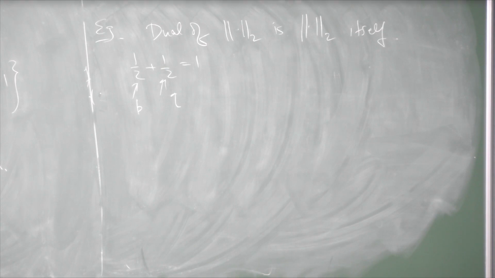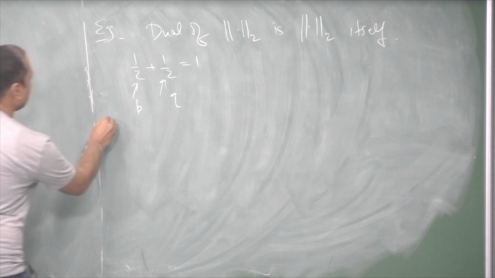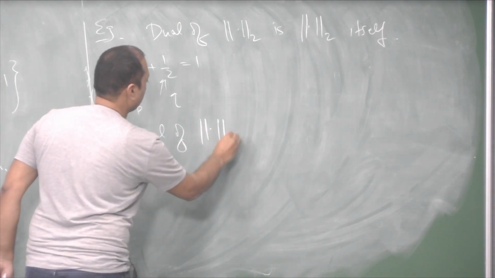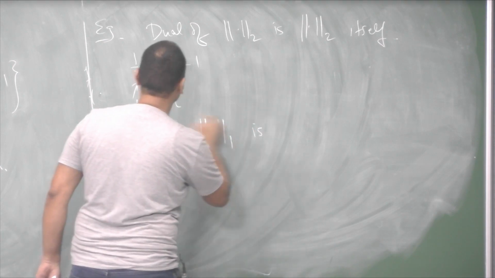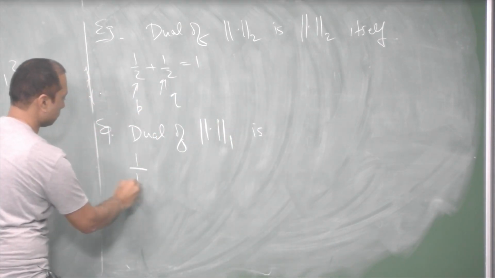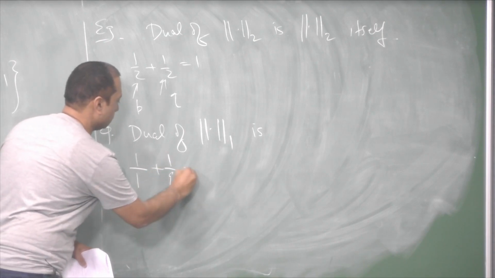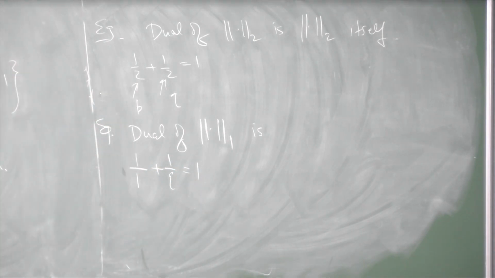Let us say the 1 norm. The dual of a 1 norm, we have to check this. What we got is 1 by p plus 1 by q must be 1. So now we solve for q here, and that will be the dual. What is q here? Infinity.